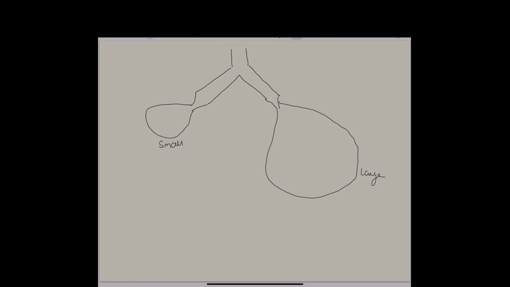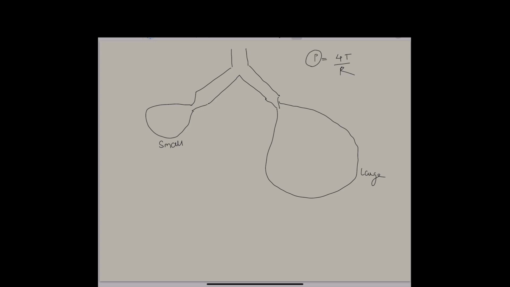According to Laplace's law, P is equal to 4T upon R, where P is the transalveolar pressure. I repeat, P is the transalveolar pressure. It is the pressure which is required to keep the alveoli expanded.